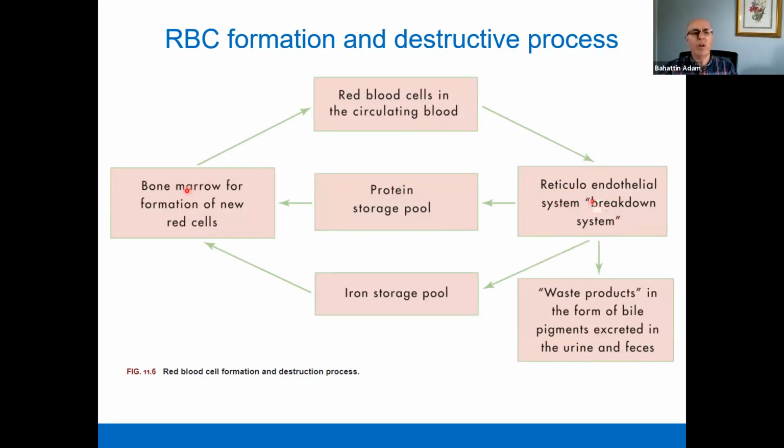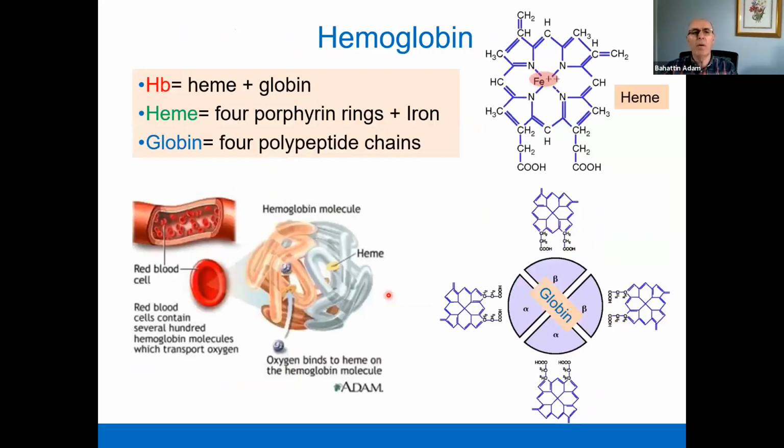The protein part goes to the protein pool, amino acid pools. The waste product is converted to bile and excreted via either urine or feces, and iron goes to iron storage for reuse.